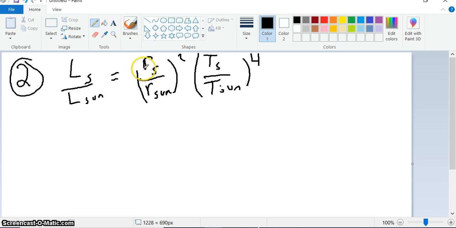So it's really the radius of the star or protostar divided by the radius of the sun, and you square that quantity, and then of course it's the temperature of the star or protostar divided by the temperature of the sun, which of course is always 5,800 Kelvin. All right, and you raise that to the fourth power.